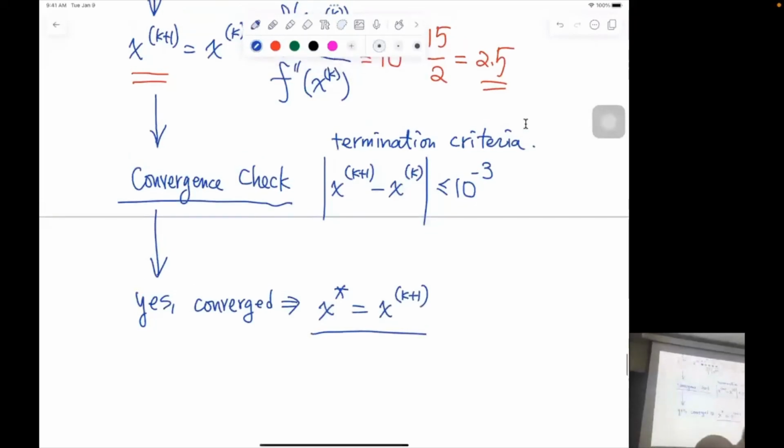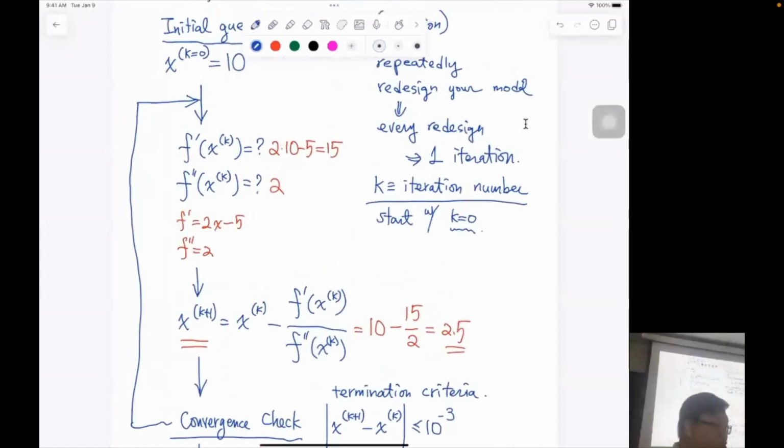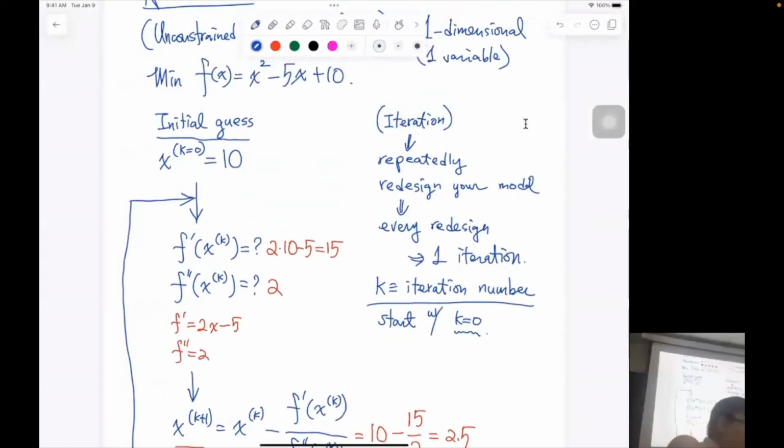If not, we are going to go back to here, just like what we said earlier, the process of redesign. But when you go back, you want to update your iteration number by 1. k equals k plus 1. That's all. Let me show you what's going to happen.